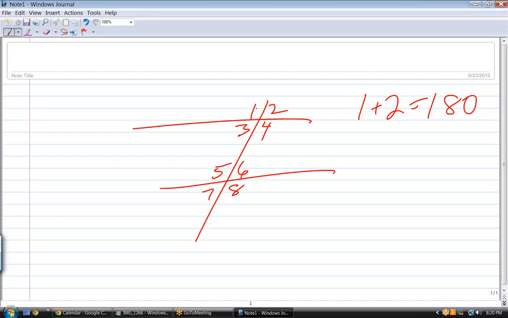And it's exterior because it's outside of the parallel lines. Whereas 3 and 6 are alternate because they're on the opposite side of the transversal. But they're interior because they're inside the parallel lines.